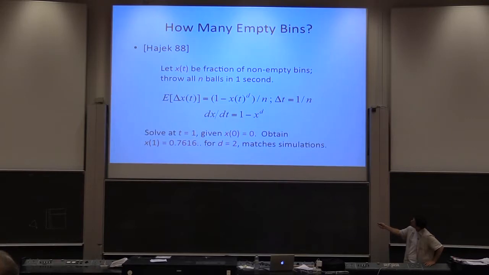If we let x(t) be the fraction of non-empty bins, let's think of what happens to that fraction over time. Here I'm talking about the expected delta x(t), the expected change in x(t) over one time step.